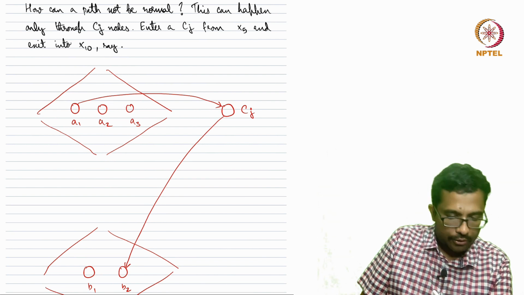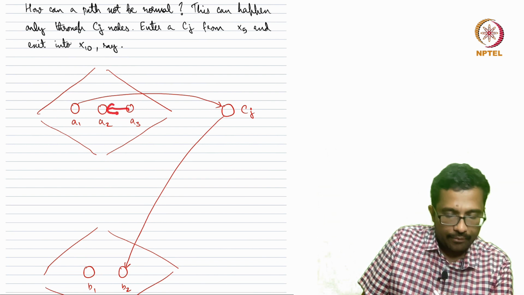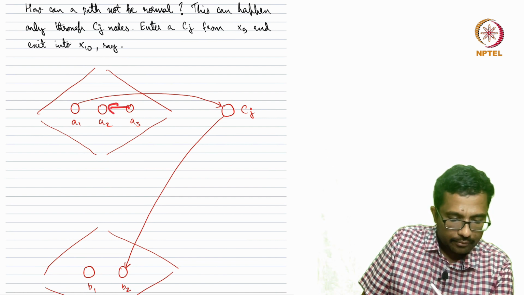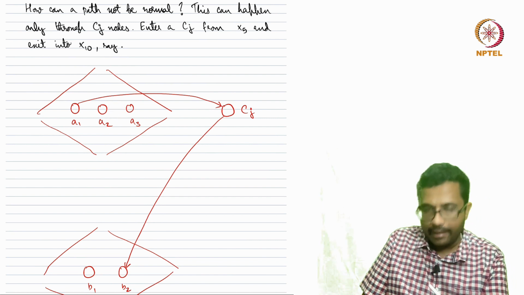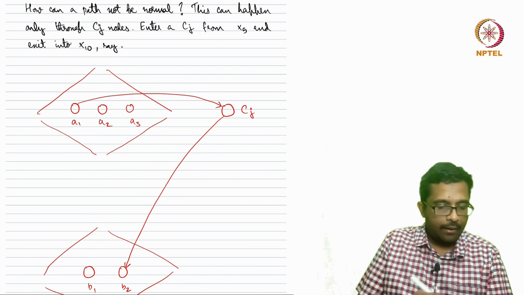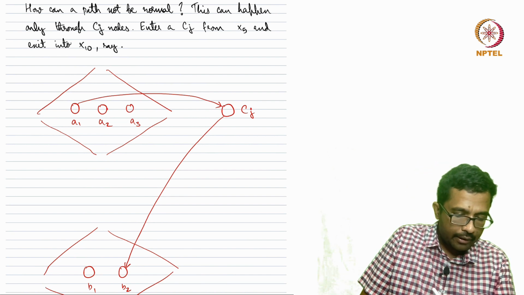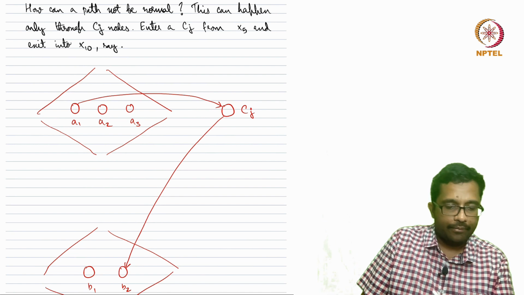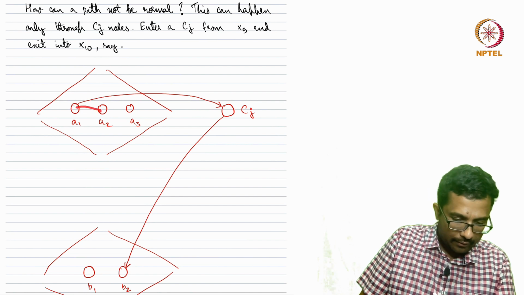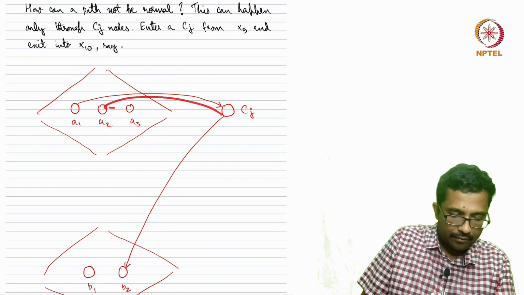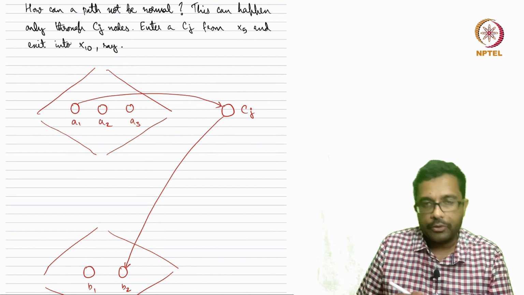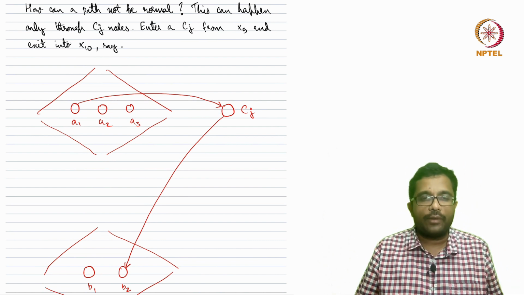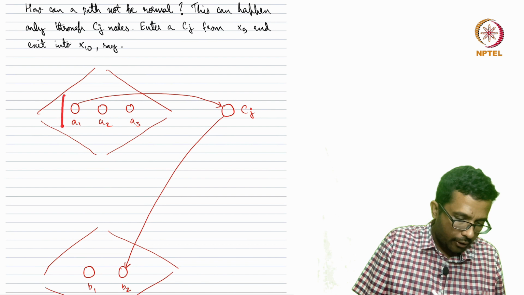Suppose we enter A2 through A3, then there is an issue because there is no next step: the neighbors of A2 are A3, from which we just came, A1, which is already covered, and Cj, which is also already covered. So there is no exit out of A2. So these two cannot be one block.